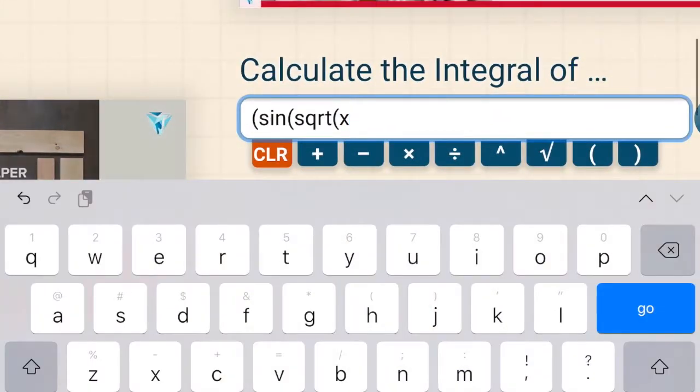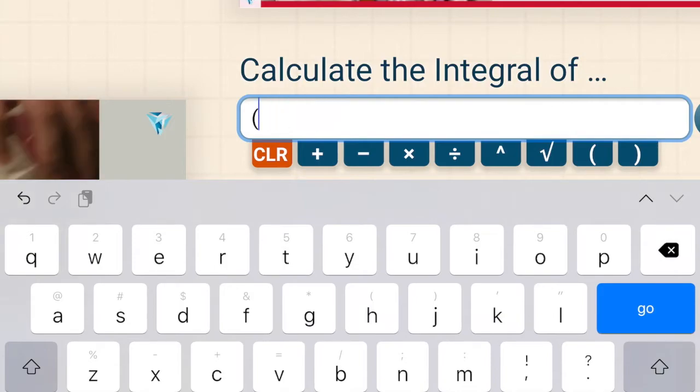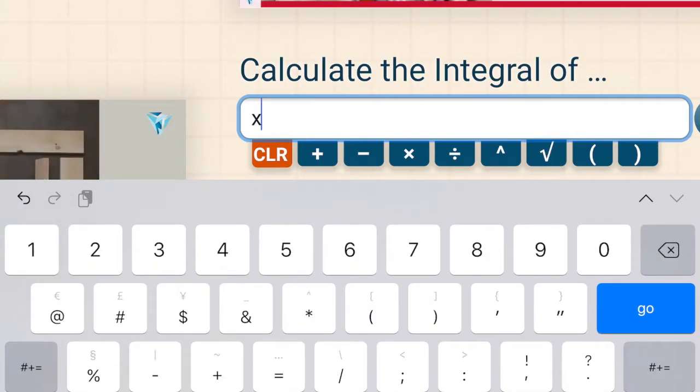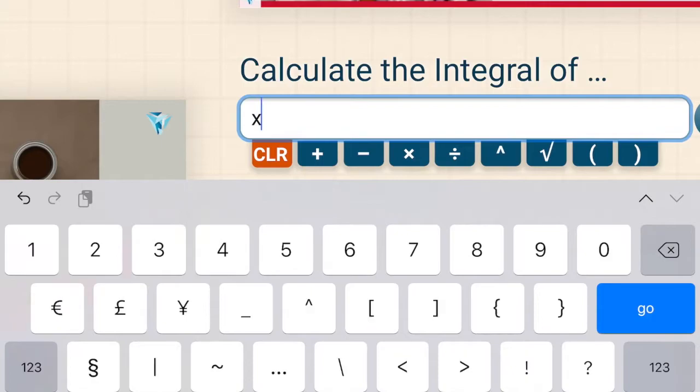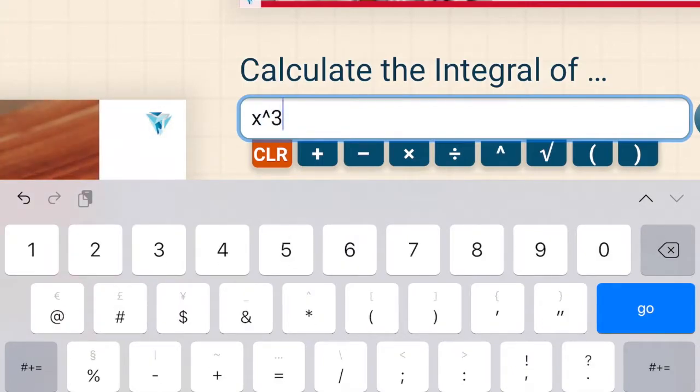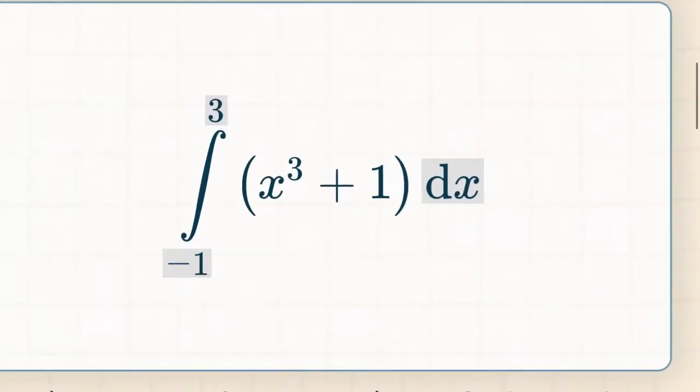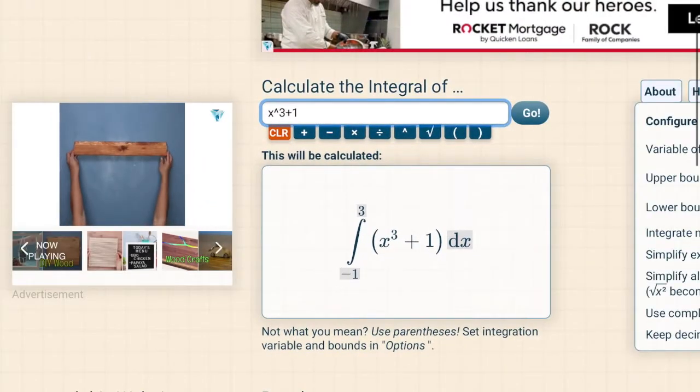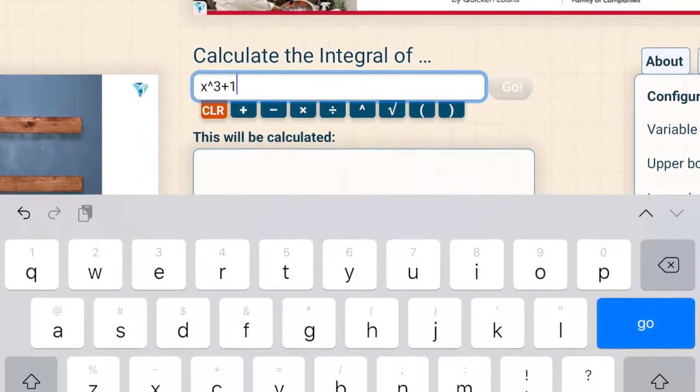So x to the third plus 1. Before, just check it over, make sure it looks like what they gave you, okay? Just be careful, sometimes the notation gets messed up, okay?